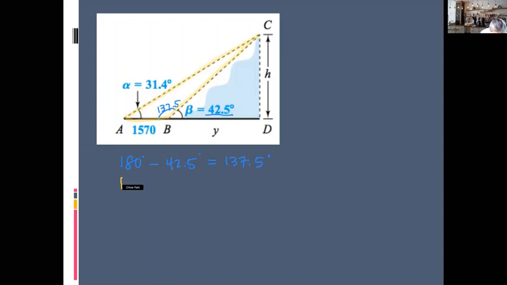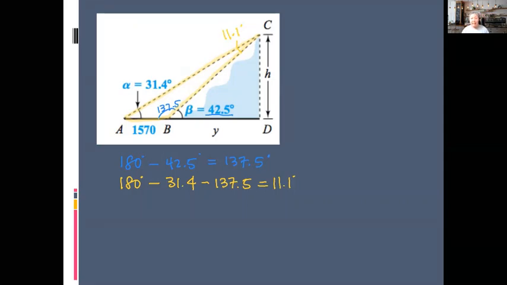So 180, subtract 31.4, subtract 137.5, and then it gives us what? 11.1. So where do we notate the 11.1? It's on the top right there. So 11.1 degrees.